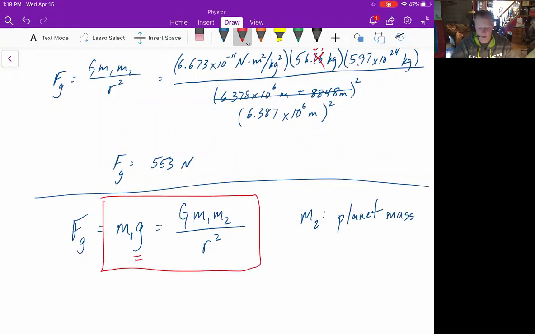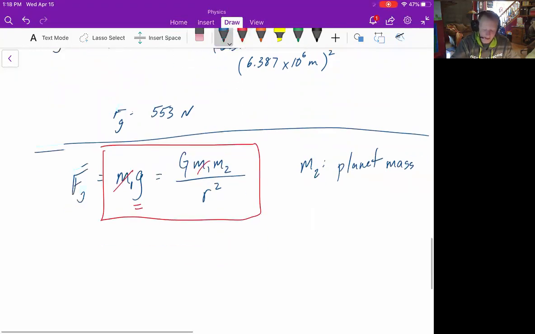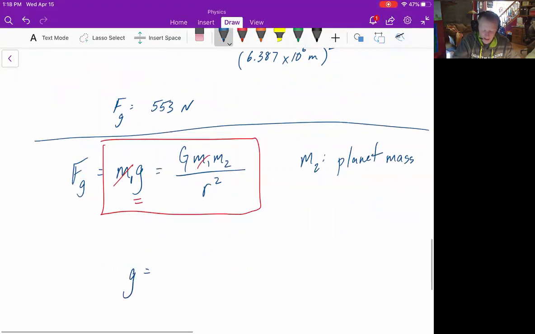We notice that M1 appears on both sides of that equation, so we could divide through by it and say that the lowercase g, the acceleration of gravity, must be equal to big G times M2, the mass of the planet, divided by r squared, the radius of the planet squared. And of course, we know what that works out to on Earth. It's going to be 9.8.